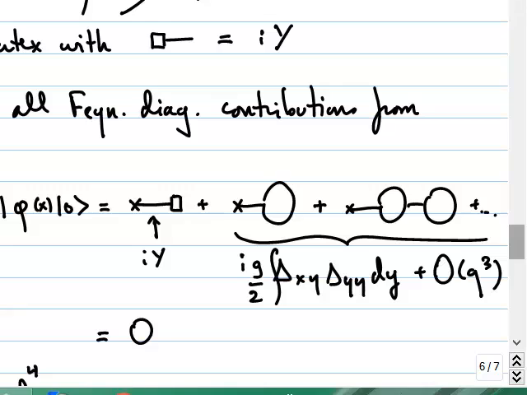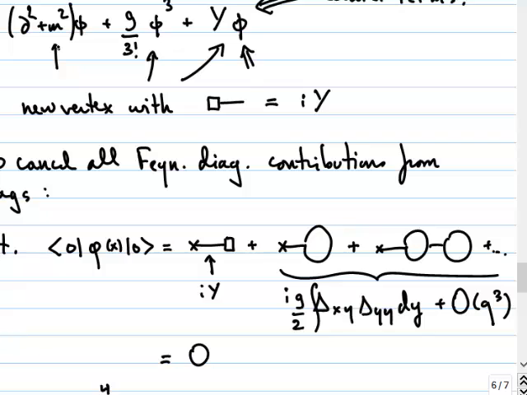Another example is that there will also be contributions to 2-point functions coming from these various Feynman diagrams. What that means is that what we call the mass squared here will actually get corrections from these various Feynman diagrams. But at the end of the day, what do you mean by the mass? What you mean by the mass is the energy of a particle with momentum k.